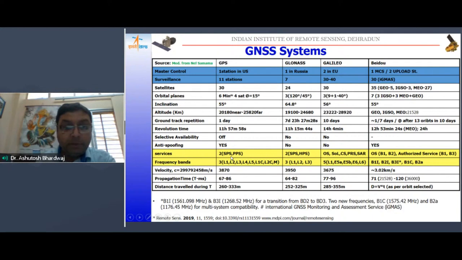Then they provide different types of services like the standard positioning service and the precise positioning service. And similarly, other services are there with the receivers. I will emphasize maybe one system more because time is limited, and all the systems have parallel facilities with them.